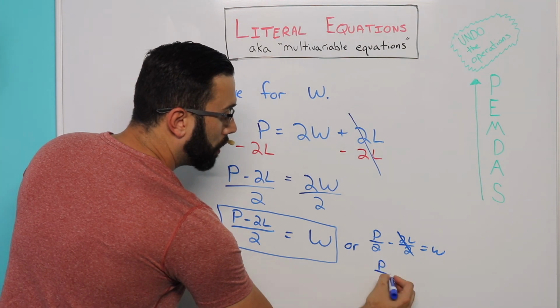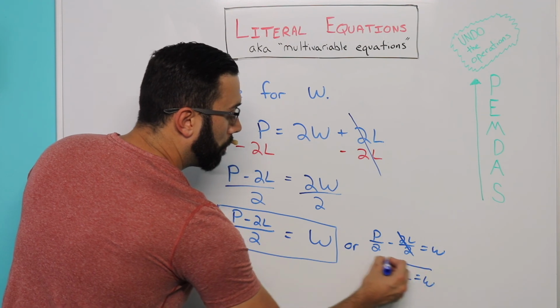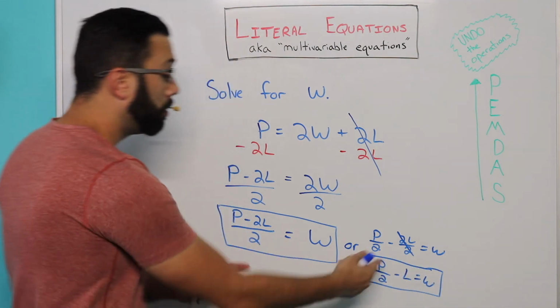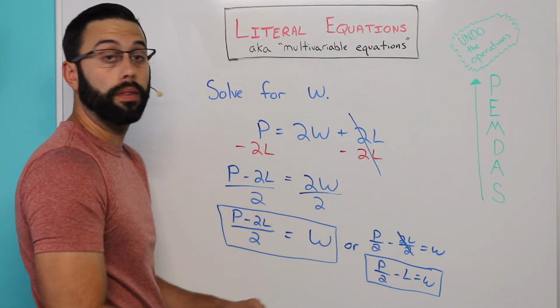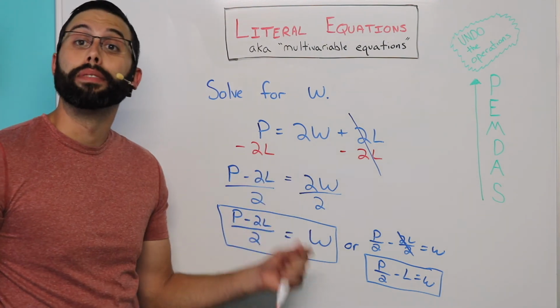So you're left with P over 2 minus L equals W. Both answers are acceptable, but it's good to know both ways. So that was literal equations, solving for a specific variable.